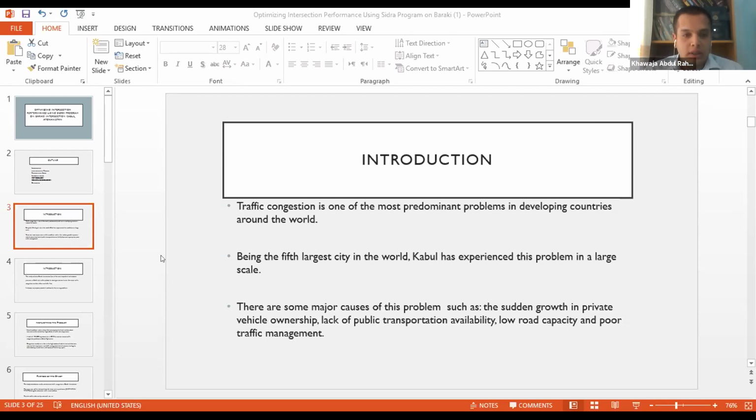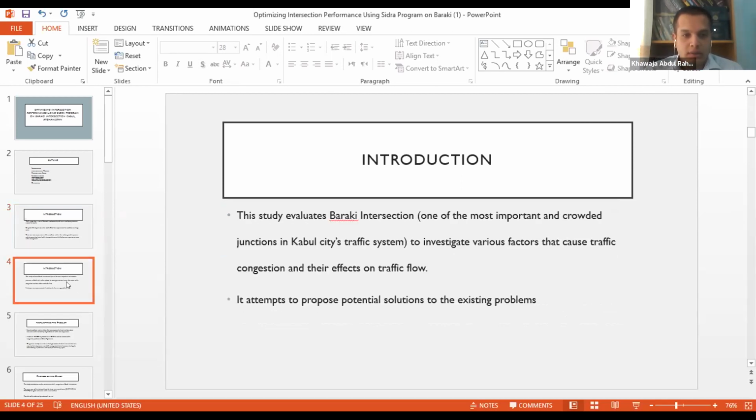This study will analyze Baraki intersection, one of the most crowded junctions in Kabul city's traffic system, to investigate various factors that cause traffic congestion and their effects on traffic flow. This study attempts to propose potential solutions to the existing problem in Baraki intersection.